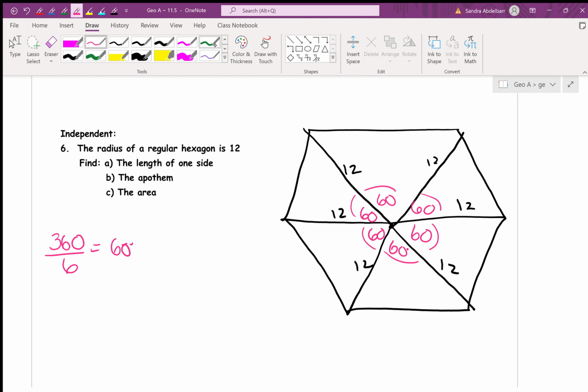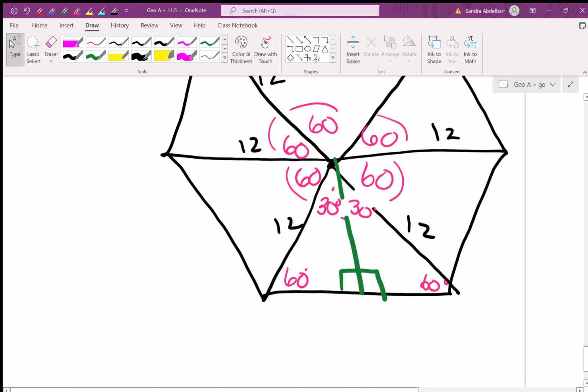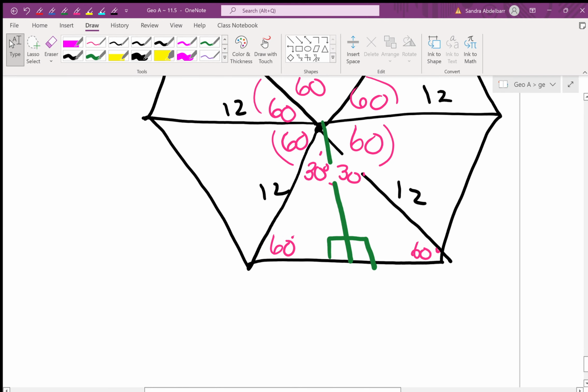Then I'm going to take one of the triangles and drop down an apothem. And that 60 will get split into two 30s. And then we have a 30, 60, 90 triangle. In this triangle, opposite the 30 is x, opposite the 60 is x root 3, and opposite the 90 is 2x.